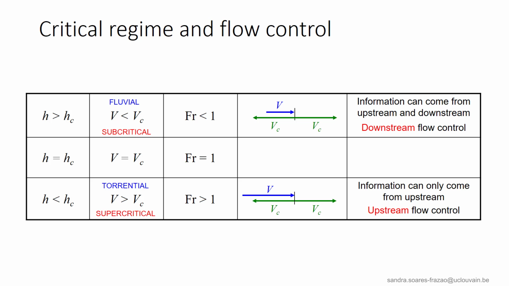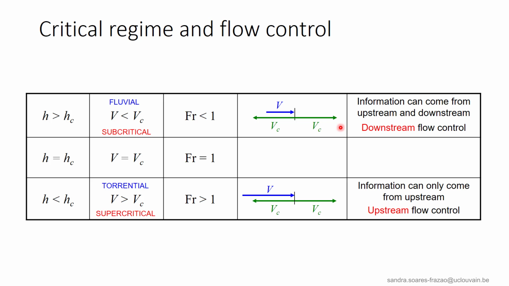All the information we have collected to classify the flows using the critical depth is summarized here. If the water depth is larger than the critical depth, the flow is said to be subcritical, as the flow velocity v is smaller than vc. So as a consequence, the Froude number is smaller than 1, and this means that information can travel both in the upstream and in the downstream direction.